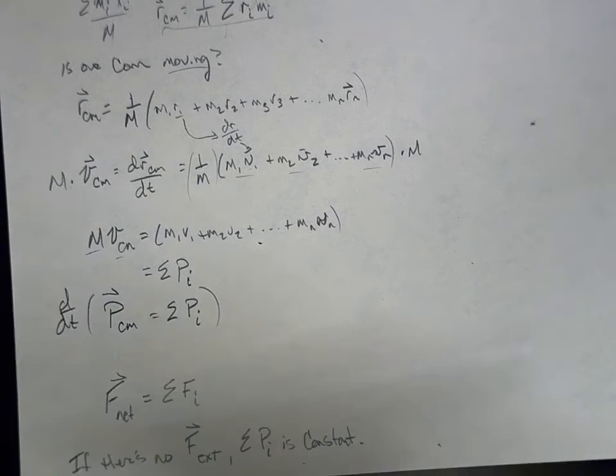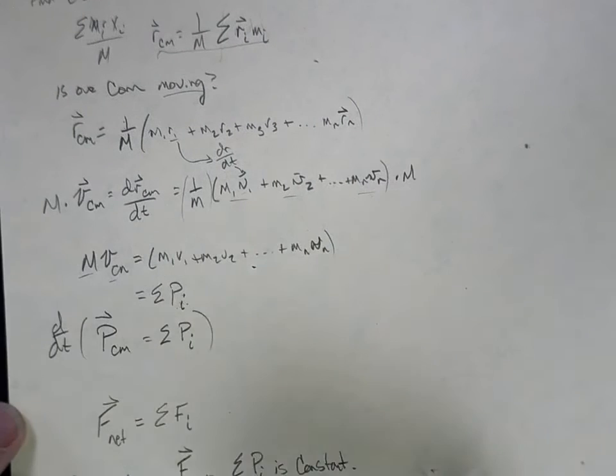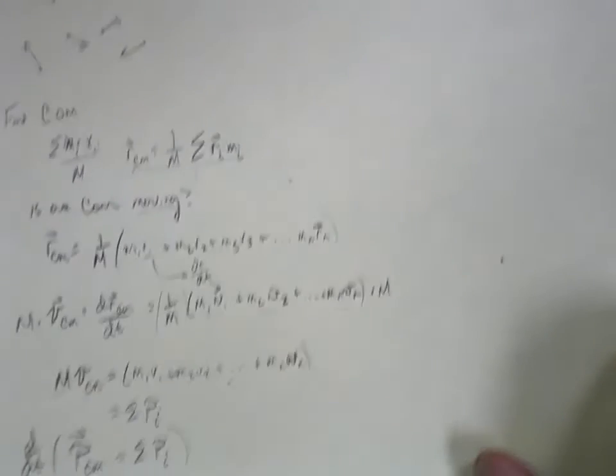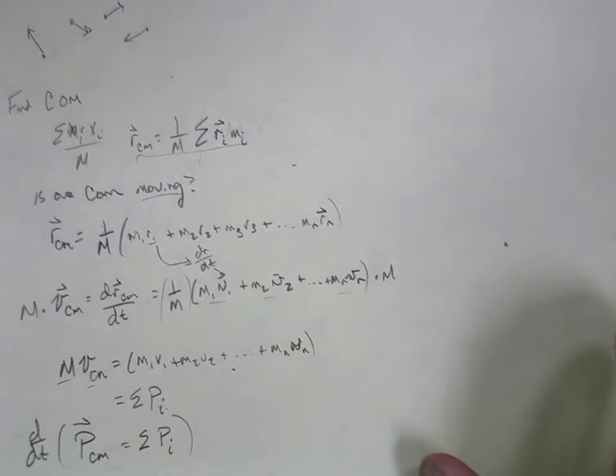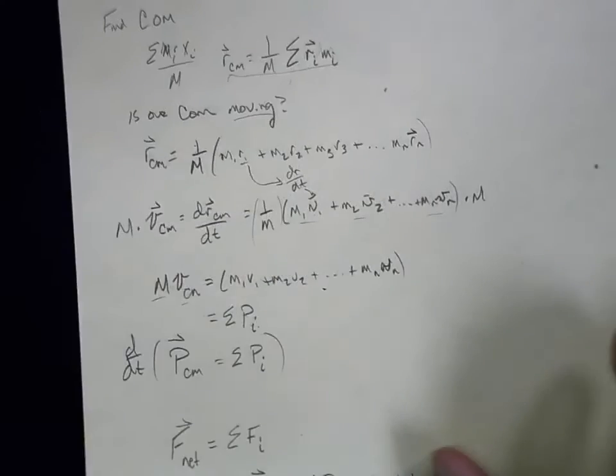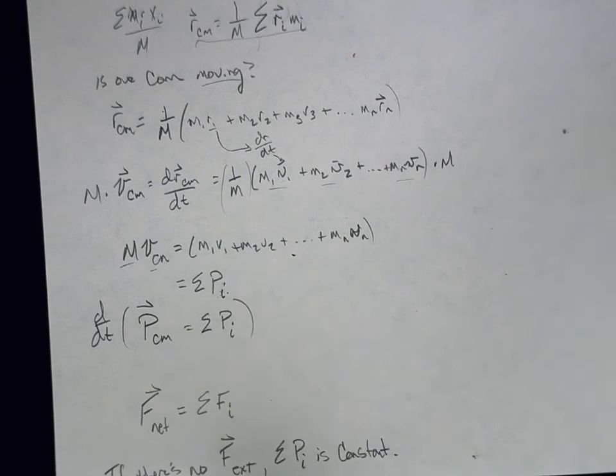All right, so this analysis here allows us to treat massive particles as a single particle, or huge numbers of particles as a single particle if there's no external forces.